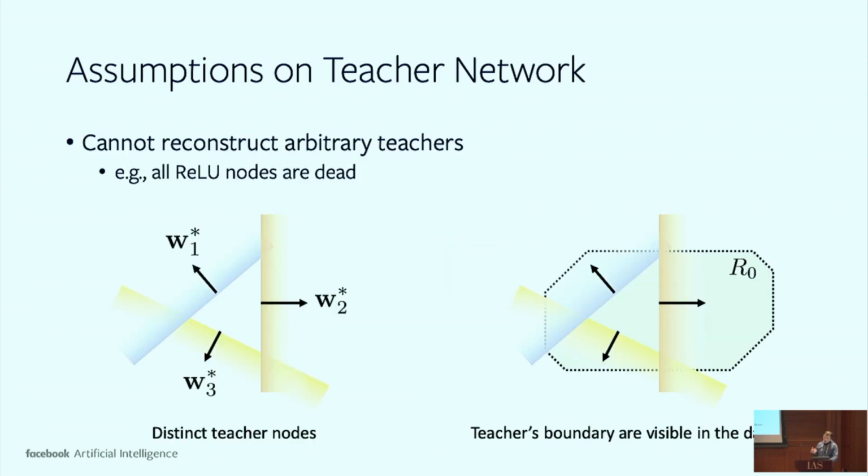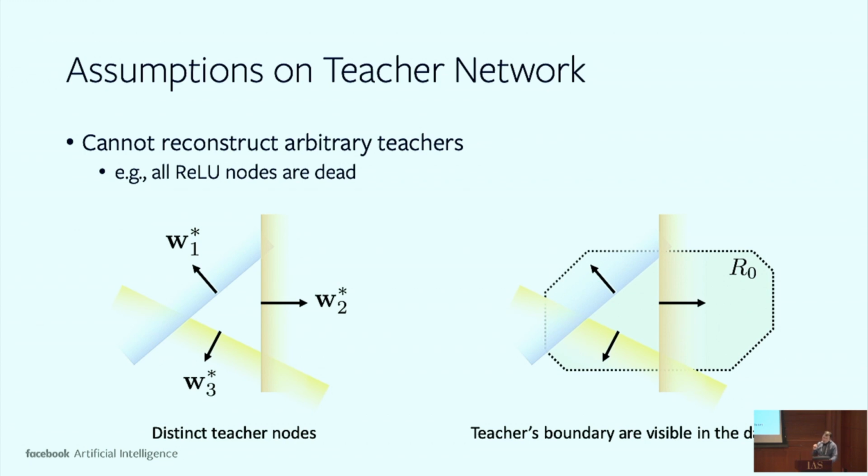You also want to make assumptions on the teacher network. Obviously, you cannot reconstruct arbitrary teachers. For example, if all relevant nodes are dead in the training set, then there's no way you can reconstruct W1, W2 star. That's not possible. So we want to make these two assumptions. The first is that in the lowest layer, there are distinct teacher nodes.